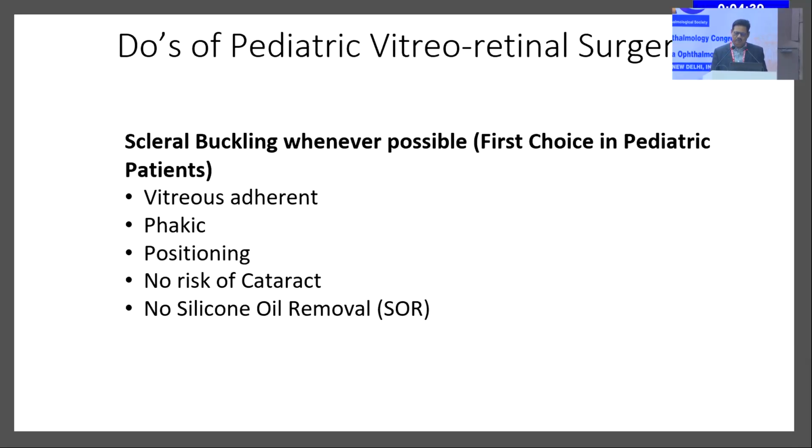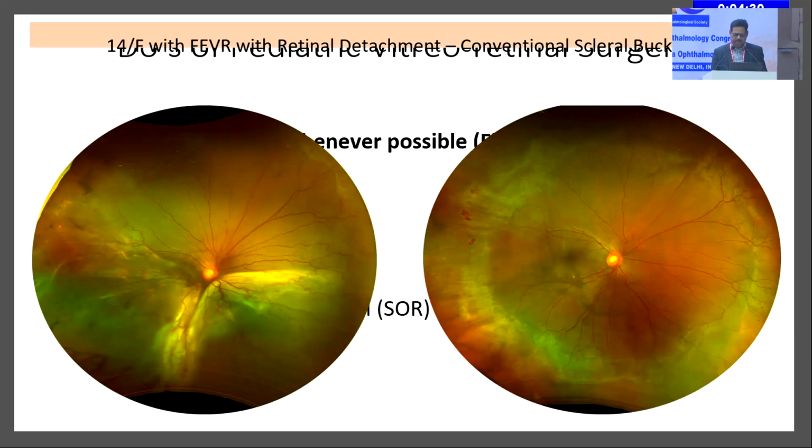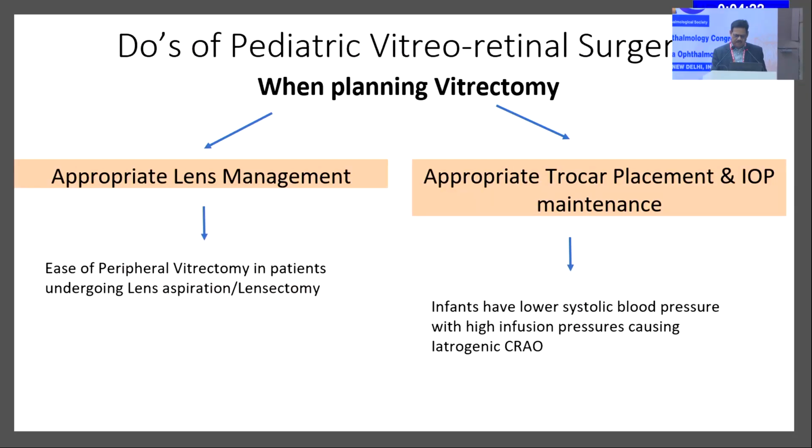If you do scleral buckling, the risk of cataract is not there, and there is no need for removal of silicone oil. And this is the picture after the SOR injection.